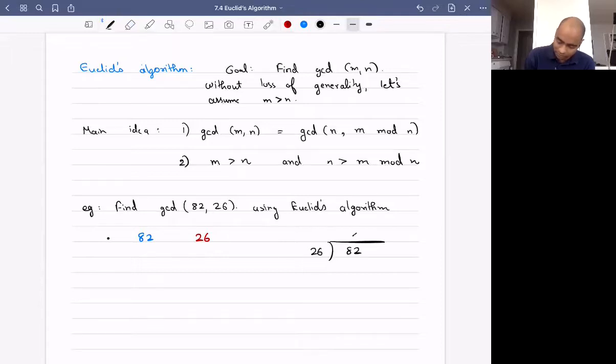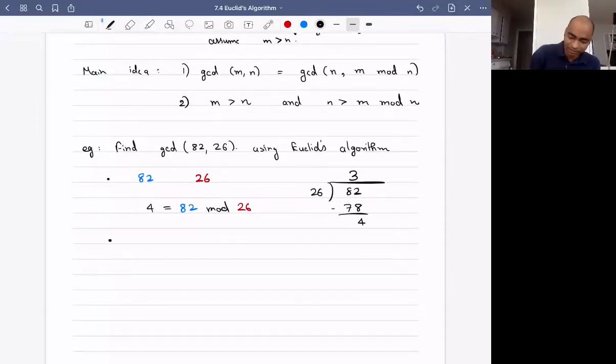If I do 4, it's too big. Let's do 3. 3 times 26 is 78. Let's subtract, and I get 4. 4 is less than 26, so we are good. So what I can say is that 4 is equal to 82 mod 26. So that's the first step.